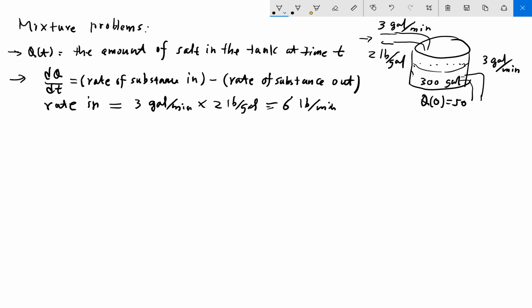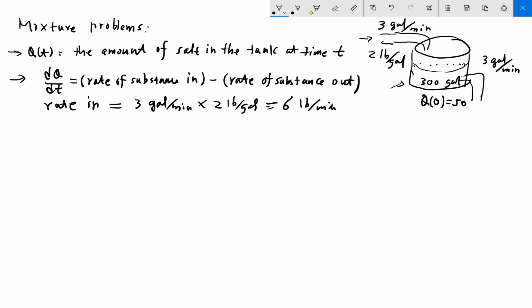Now to find the rate out, which is a little bit harder than the rate in, we need to find how fast the liquid gets out, and also the concentration of the liquid getting out. The concentration of the liquid getting out is the same as the concentration in the tank.